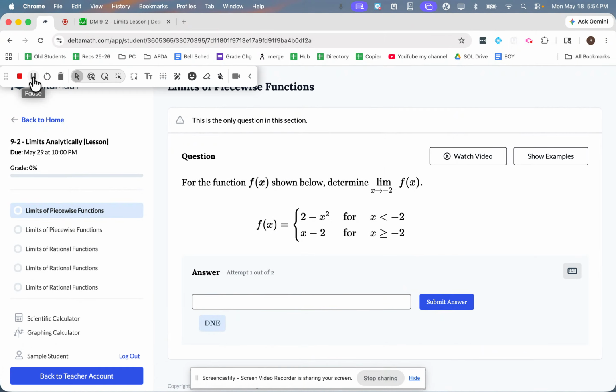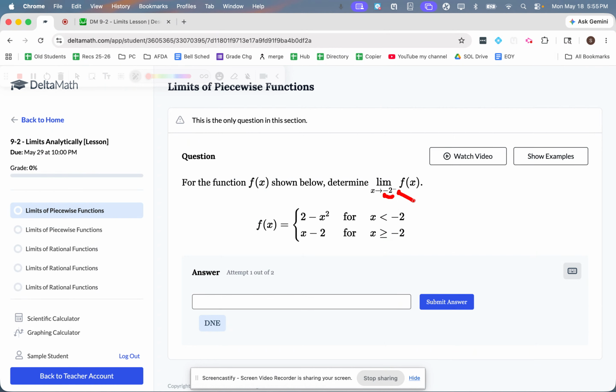Okay, let's talk about limits of piecewise functions. So the thing to look out for is this number right here, as they're asking, what does the function look like as you approach an x of -2 from the left-hand side, okay?